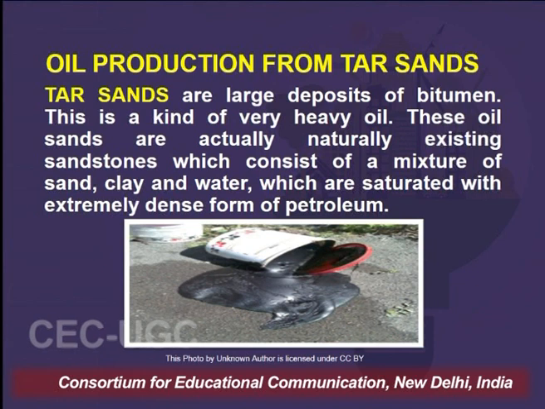The oil sands are naturally existing sandstones, which consist of a mixture of sand, clay and water, saturated with an extremely dense form of petroleum, and the below picture shows the tar sand, which is very thick and black in color.